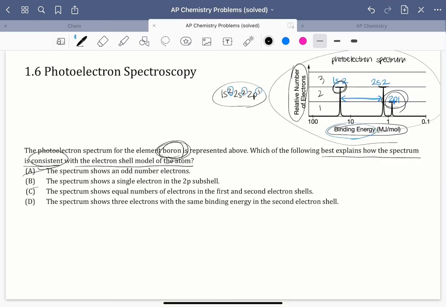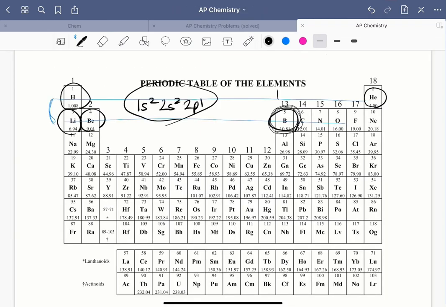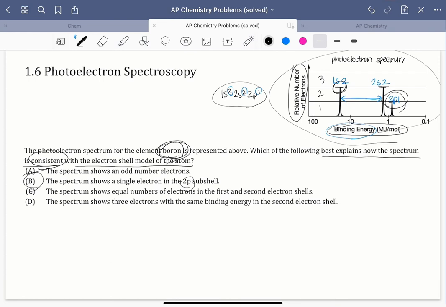Single electron in the 2p subshell. It's always going to be boron. It doesn't represent any other element, and it's specifically talking about the 2p level.